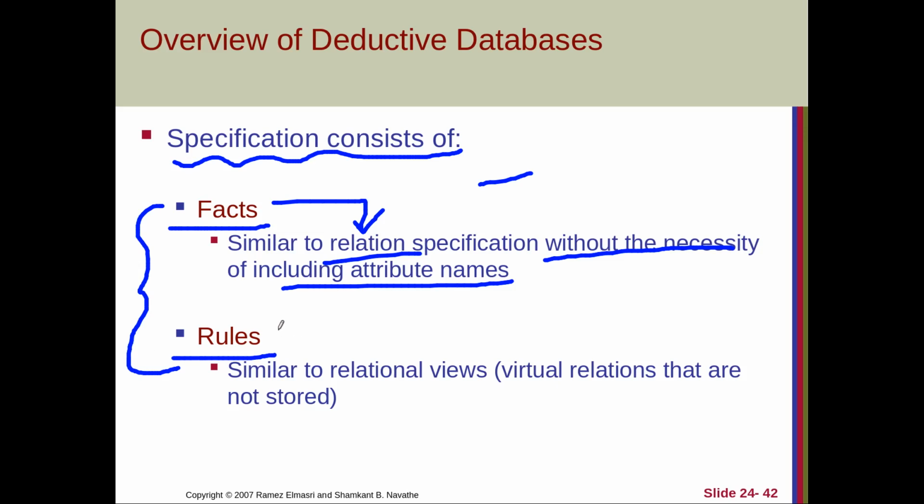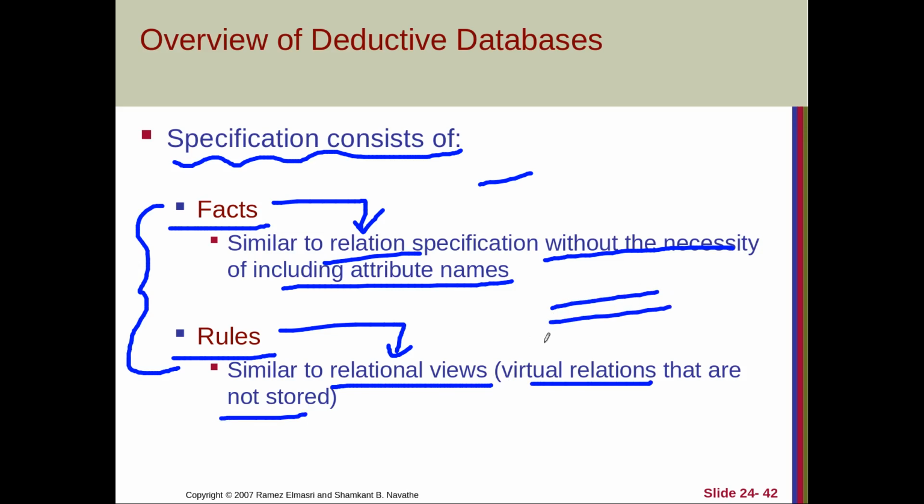The second one is a set of rules. Facts are similar to relation tables, and rules are similar to relational views, virtual relations that are not stored. Rules are based on the available data.